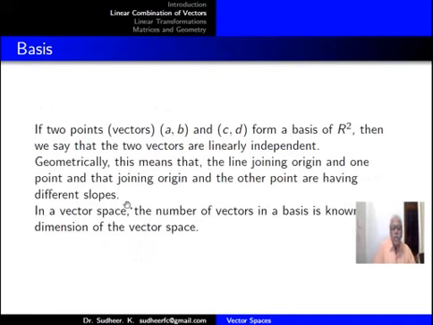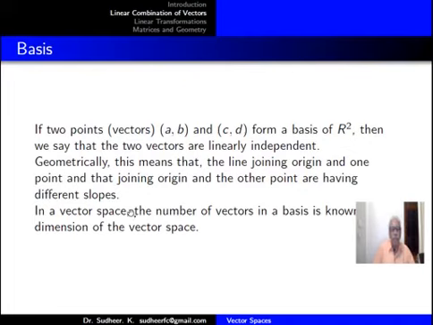If 2 points or vectors AB and CD form a basis of R2, then we say that the two vectors are linearly independent. Geometrically, this means that the line joining the origin and one point, and the line joining the origin and the other point, have different slopes.